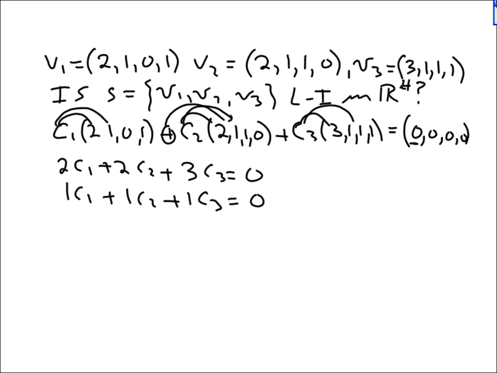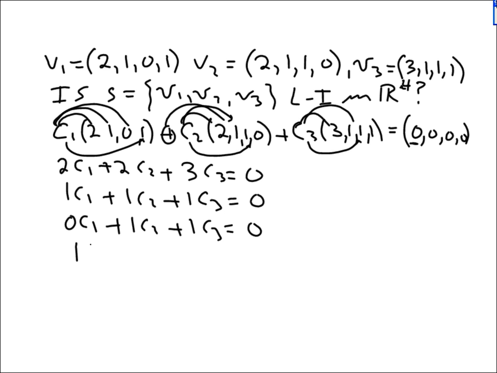For the third component, we get 0C1 plus 1C2 plus 1C3 equals 0. And the last component is 1C1 plus 0C2 plus 1C3.